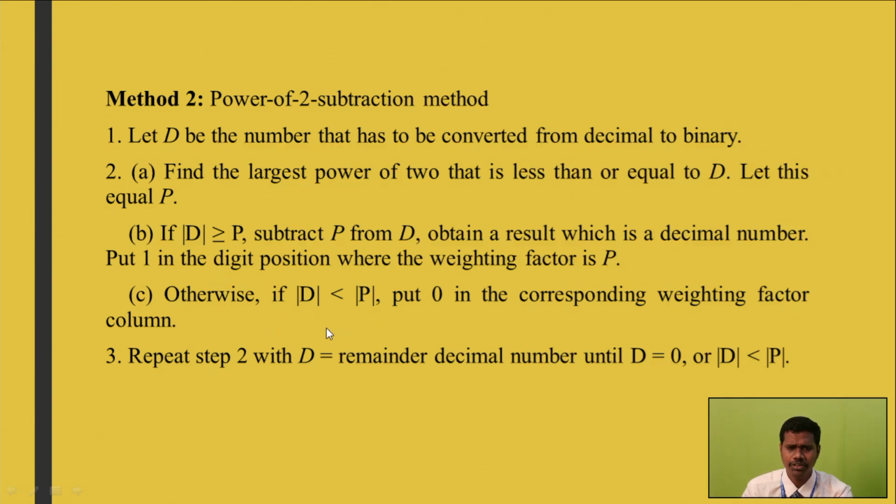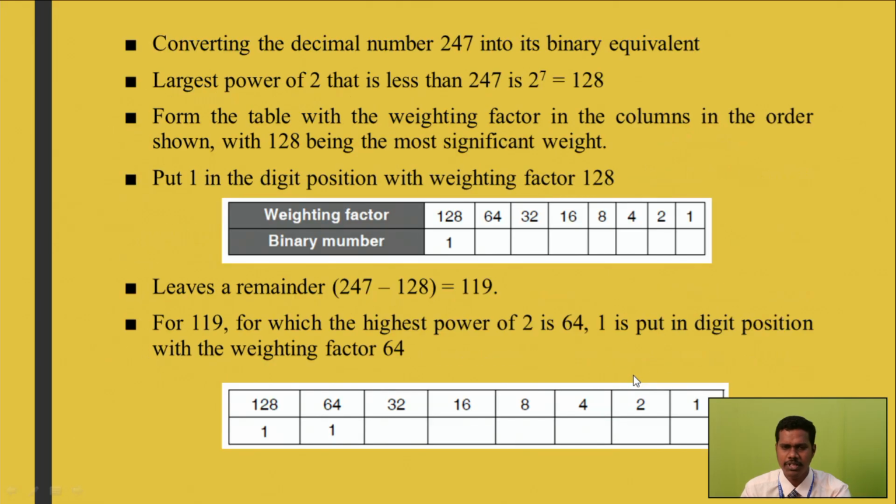Likewise the process will be continued. If we could not find a P that is less than or equal to D, we need to put 0. The process stops once we reach D equal to 0.